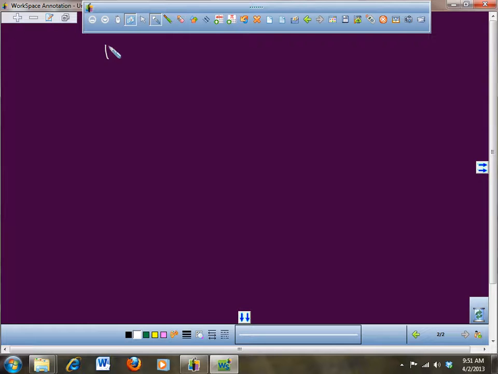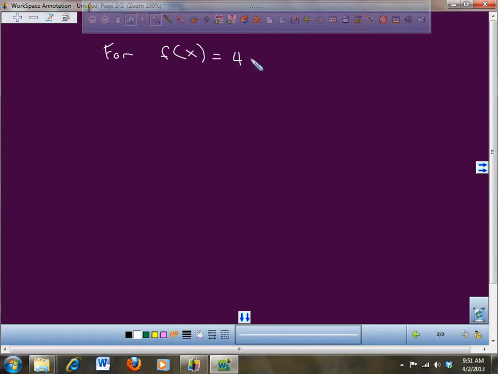So for f of x equals 4 times 3 to the x, find the range. Oh, here we go with these big words again.